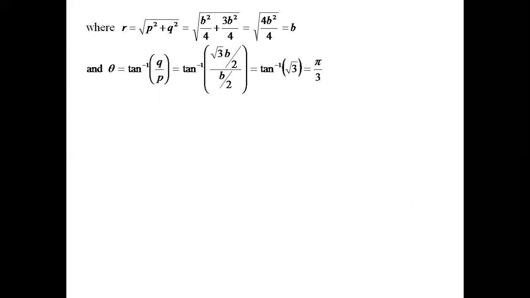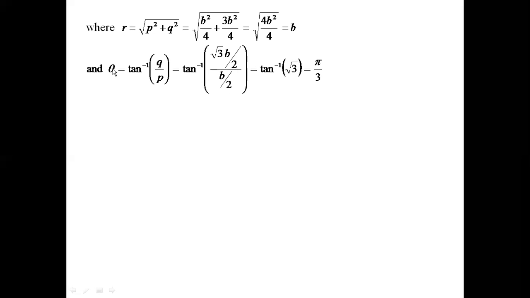Similarly, theta equal to tan inverse q by p, which can be written as tan inverse, q value is root 3b by 2, p is b by 2. So we have tan inverse root 3, which is pi by 3, nothing but 60 degree.